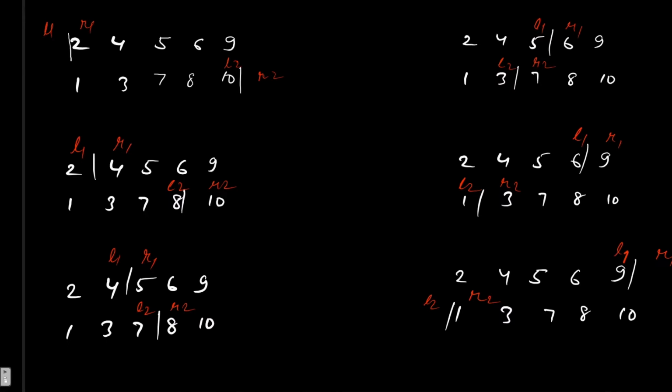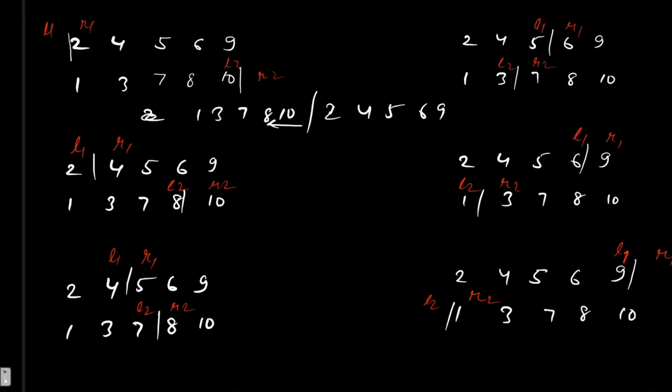In the first partition I have taken 0 elements on the left side and all the elements on the right side from the first array, and all the elements on the left side and 0 elements on the right side for the second array. So on the left side it is going to be 1 3 7 8 10, and on the right side it is going to be 2 4 5 6 9.